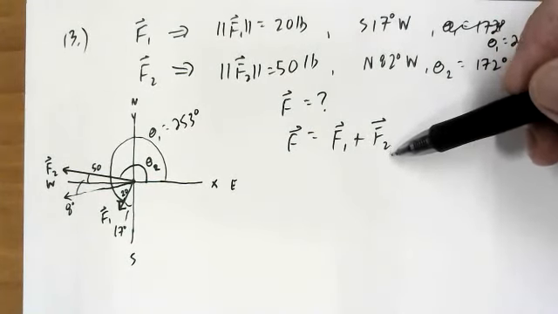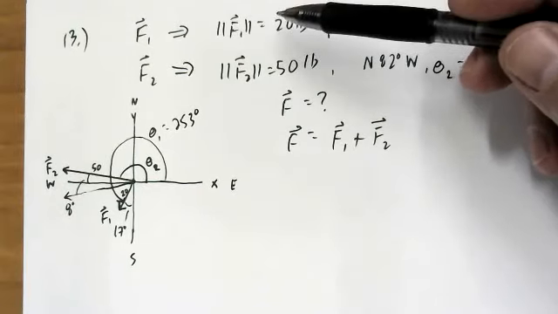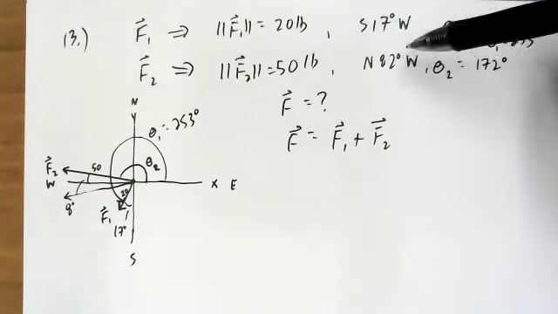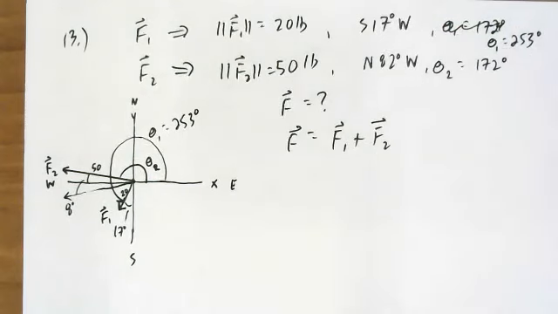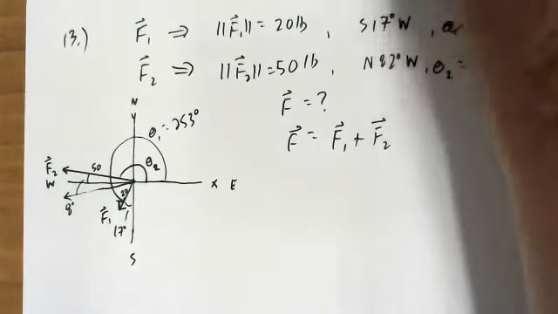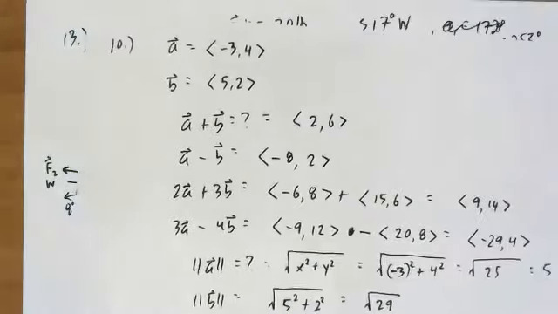Well, the problem is when vectors are in magnitude and direction format, I cannot add them in this format. However, we can look at problems we did a few minutes ago. Remember problem 10?